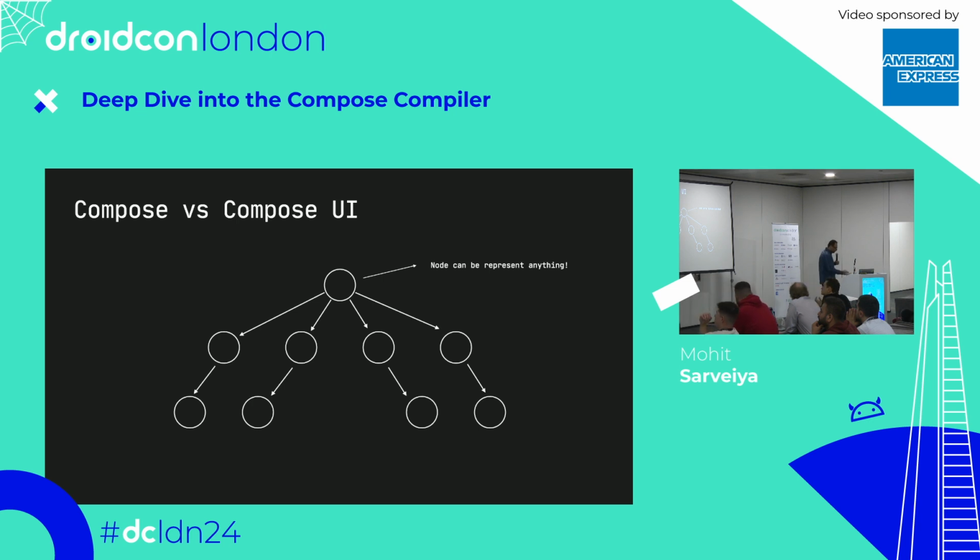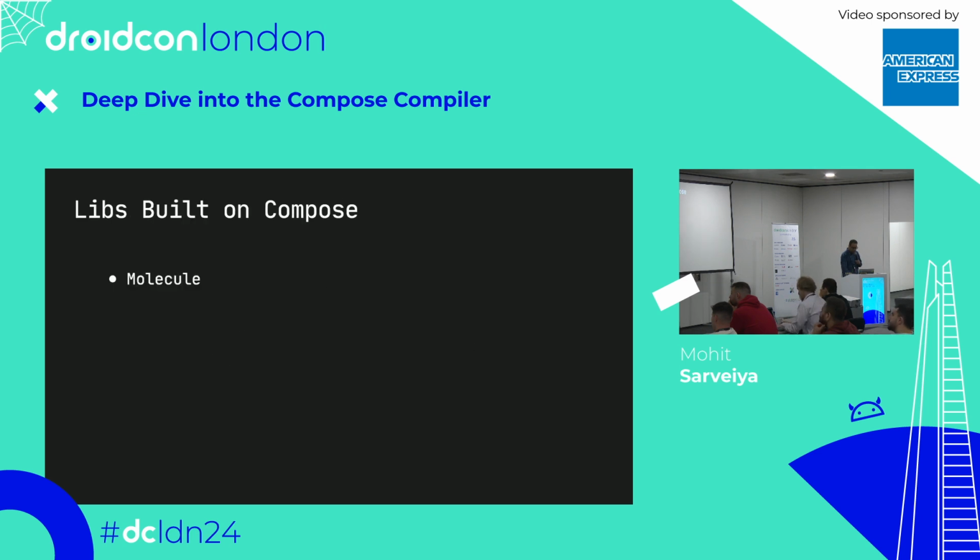When you look at this tree, for UI the nodes could represent text and rows, but they could represent other things too. I'll show you examples of other things I have worked on. There's a library called Molecule. How many people use Molecule?